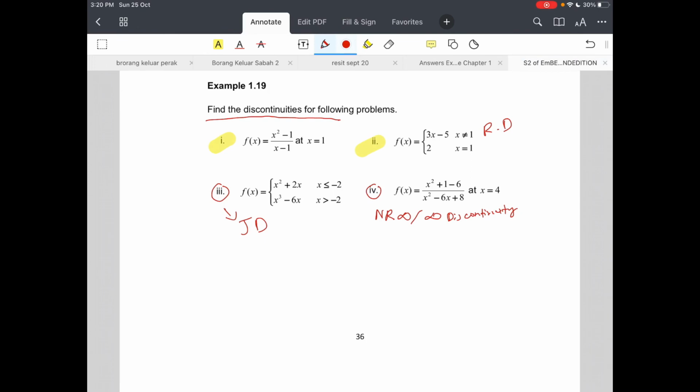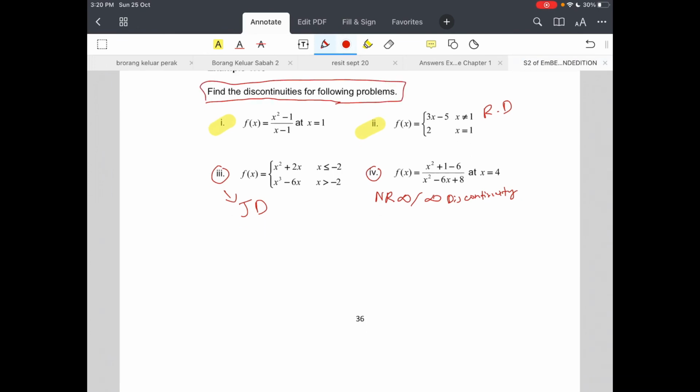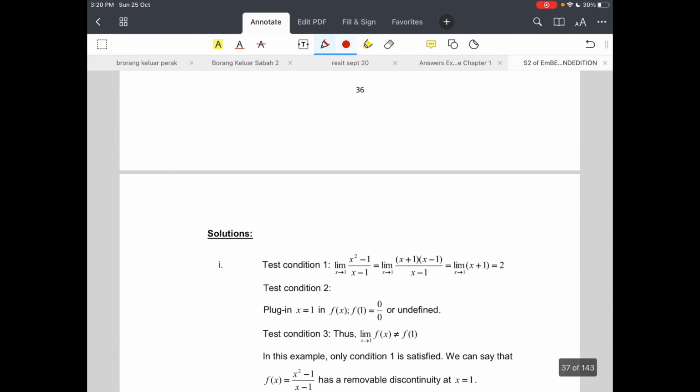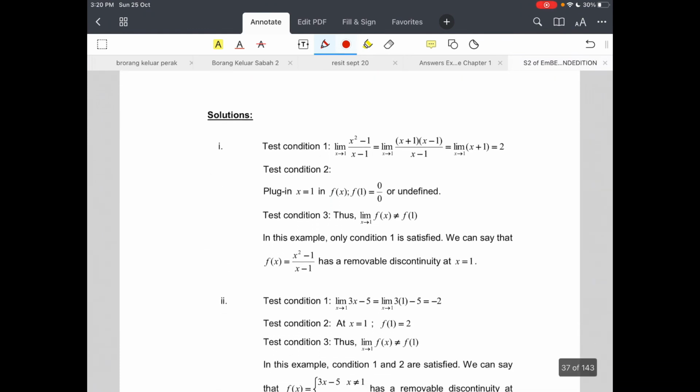Find the discontinuities for the following problems. The question asks you to find, so again, you need to test the conditions. No need to write down the question, we just straight away test it.